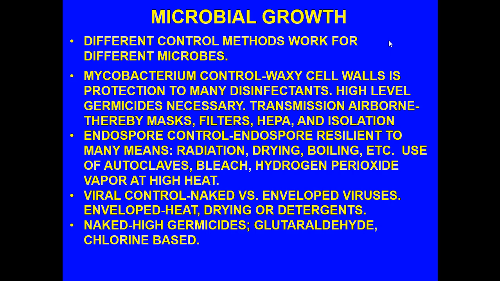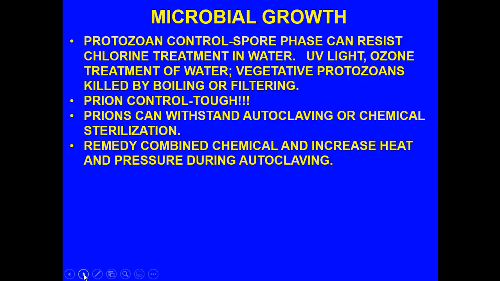With enveloped viruses, which have that lipid outer layer, heat, drying, or detergents will inactivate them. With naked viruses, those are the tougher ones, because really what you have is a protein capsid. You have to go to high germicides, glutaraldehyde, or a chlorine-based disinfectant there.